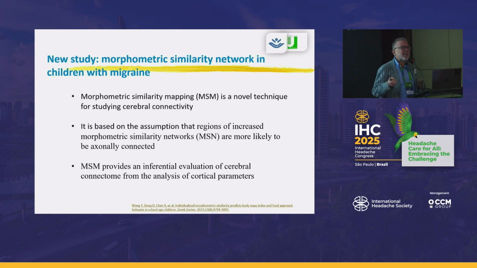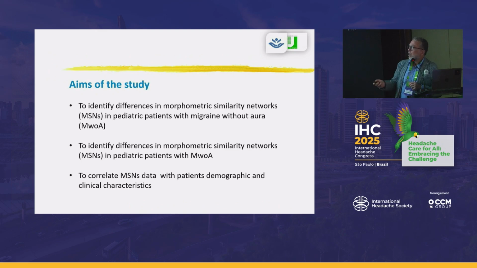And this technique is based on the assumption that if two brain areas are similar from a morphometrical point of view, they are likely to be also axonally connected. These are our aims.